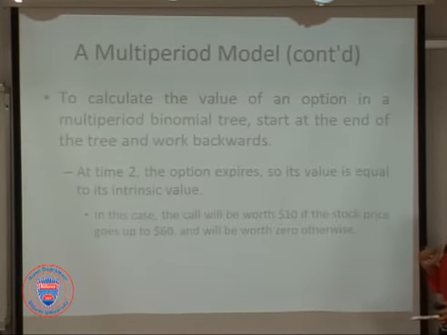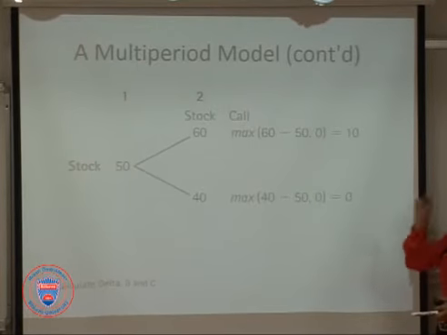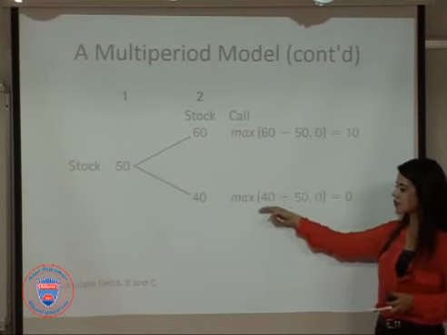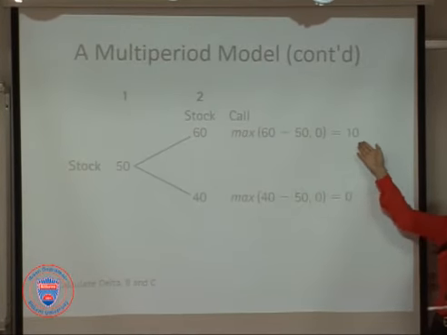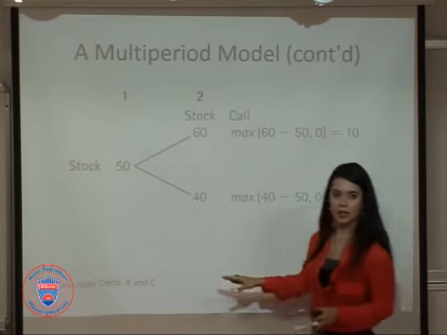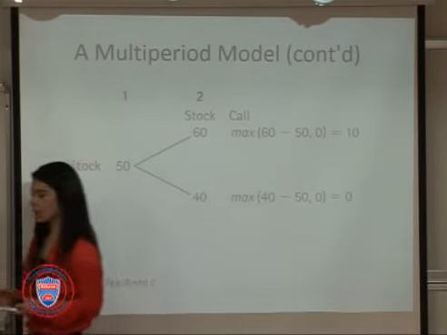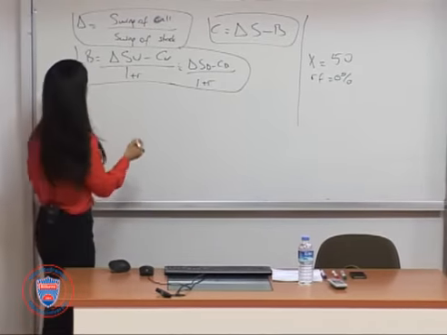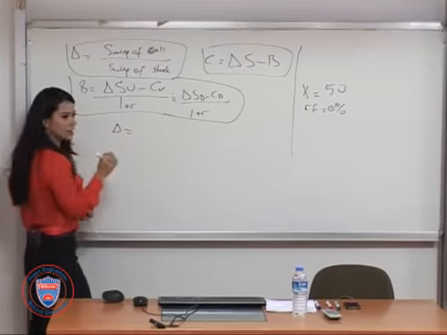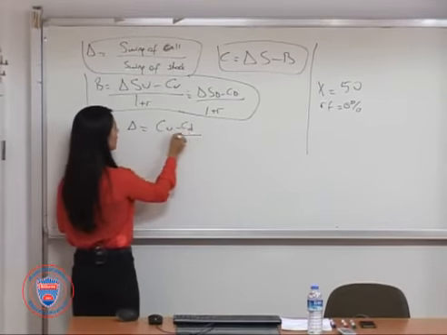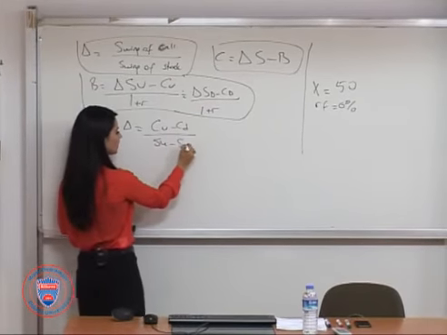Okay, so let's focus on the up markets. So the price can either be 60 or 40. You already told me about the call payoffs. From here, let's calculate delta, B, and C. For delta, I need the difference between CU and CD, and I need the difference between SU and SD.